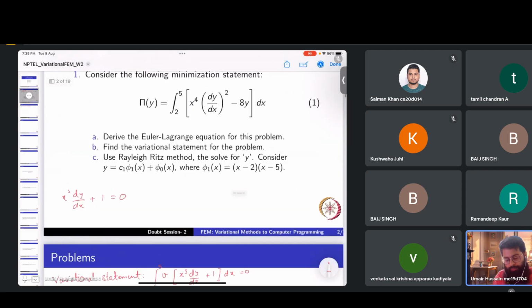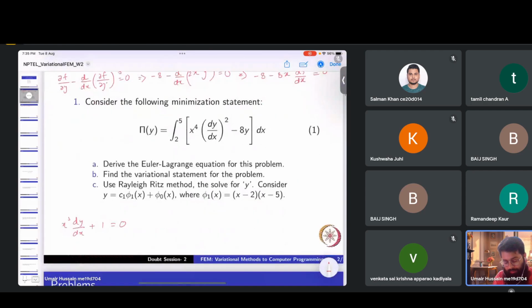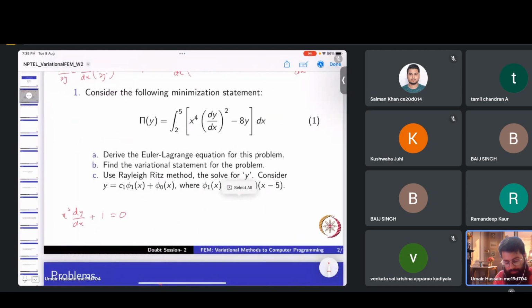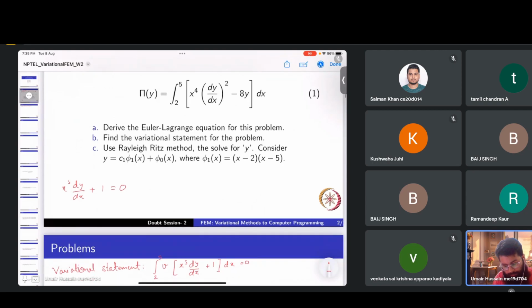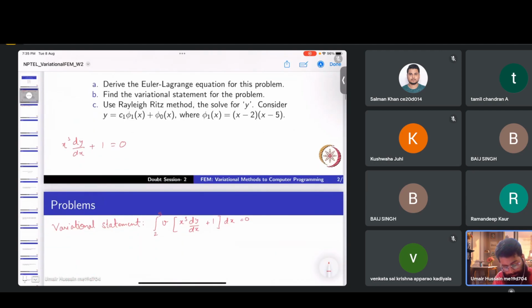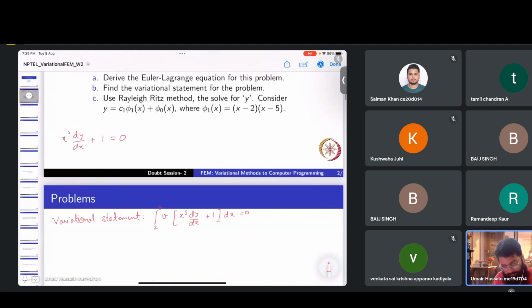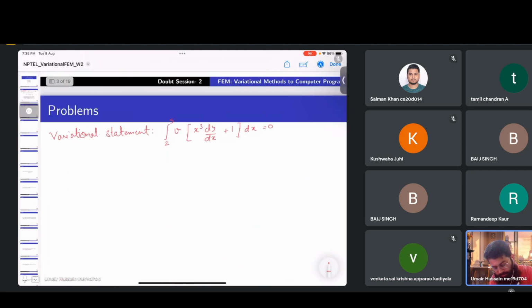There's one more way to get the variational statement directly from the minimization of the functional, if you can recall it. Yes, so you can just write delta pi equals 0. This is called the variational operator.